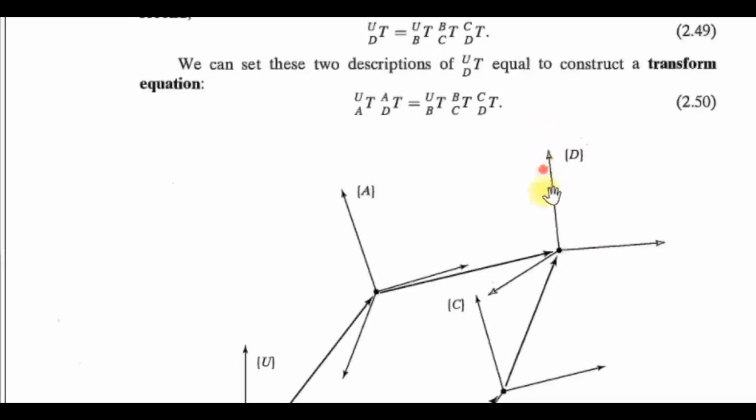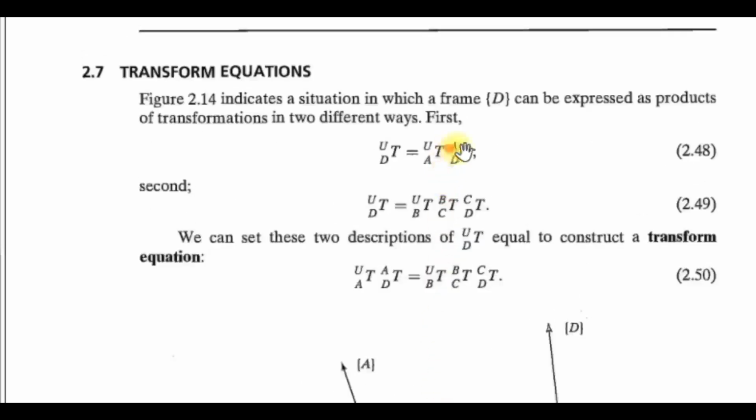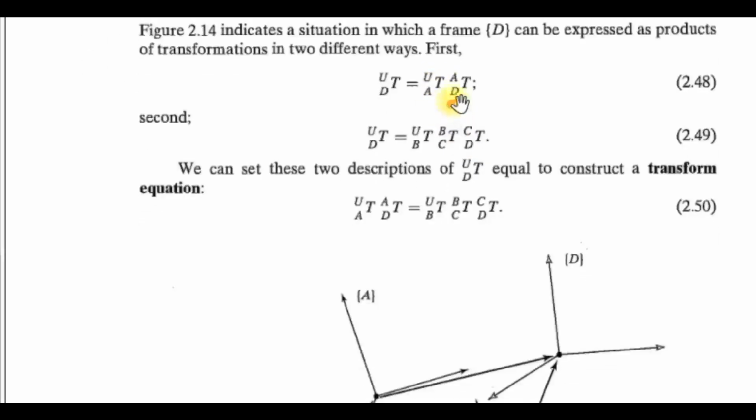Then you already know the position of D with respect to A. Now you have to calculate this with respect to U. So it is UTA. So this is the one set of equations.